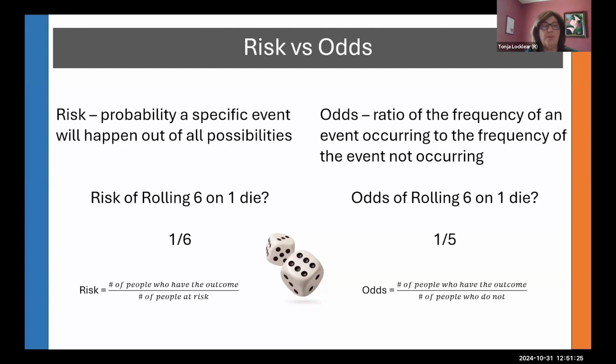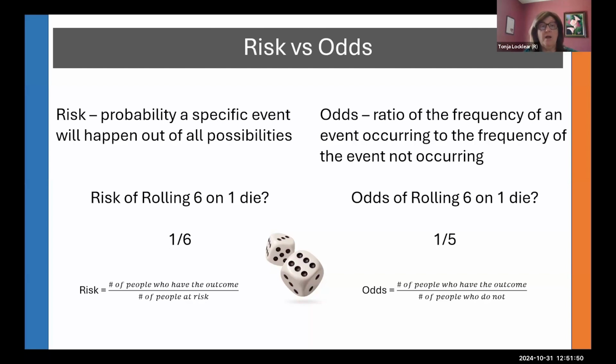The risk is the probability a specific event will happen out of all possibilities. So if you want to know the risk of rolling a 6 on a single die, it's 1 chance out of 6. It's the number of people who have the particular outcome, in this case the 6, out of all the people that are at risk, or out of all the outcomes.